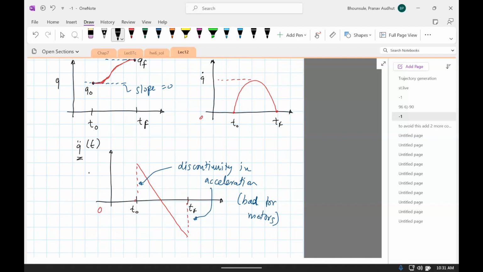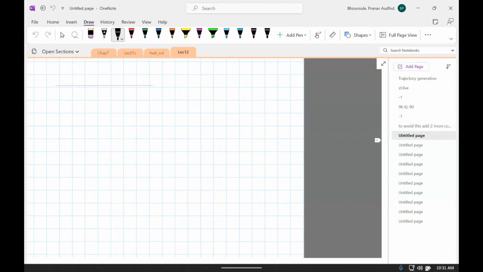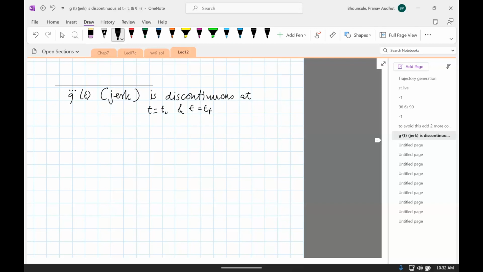But when you try to compute the third derivative, you know what the third derivative is called? Jerk. Jerk is discontinuous at t equals t0 and t equals tf.